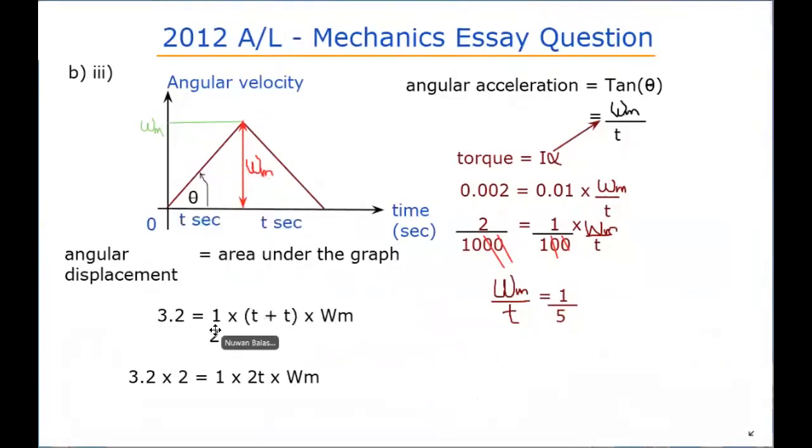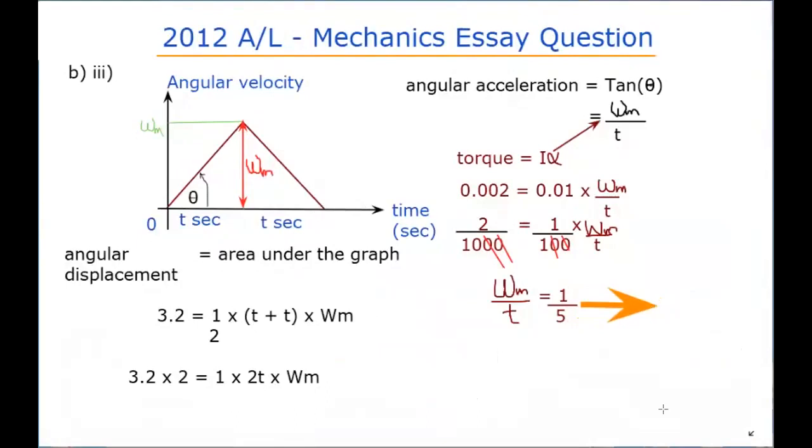Area of a triangle is half into base into perpendicular height. That's how I got the half here. So I take 2 to the other side. t plus t is the base, the length of the base. That is 2t. Right. I just want to use purely the graph. That's what I want.